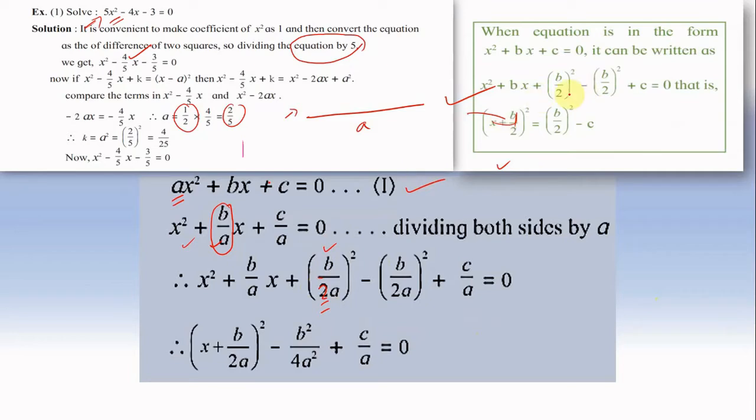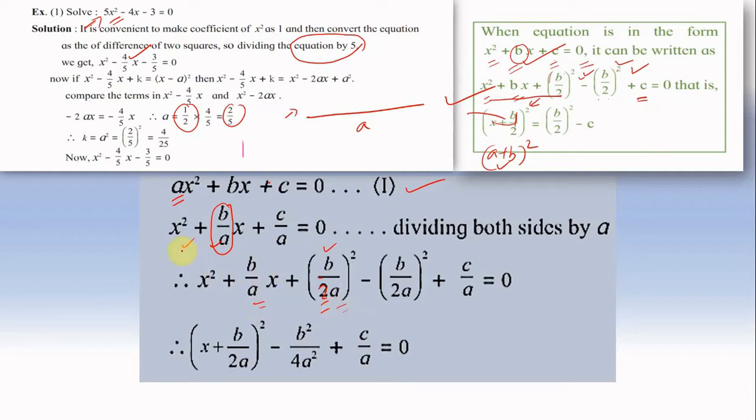For your information, just go to the format given at that time, where x square plus bx plus c equal to 0 can be written as x square plus bx, nothing changed, plus b upon 2 whole square minus b upon 2 whole square. We added b upon 2 whole square and we subtracted the same, and the plus c we wrote again. We converted the equation into this format in order to write it in a plus b whole square format, that is the square method. The same thing is done over here.